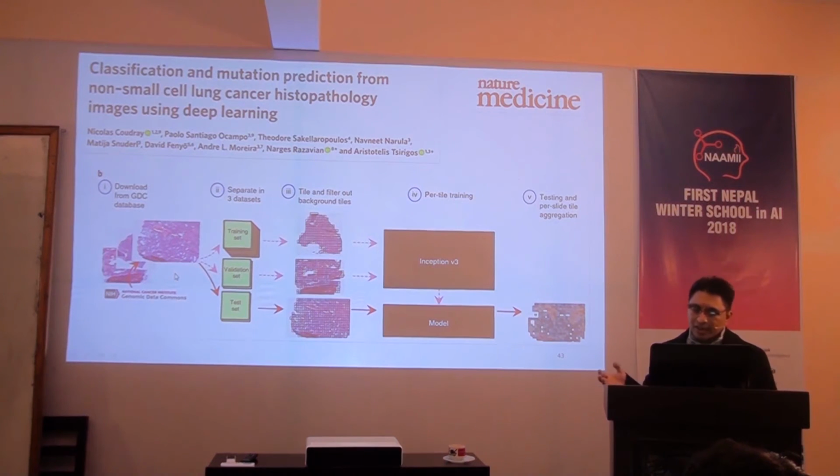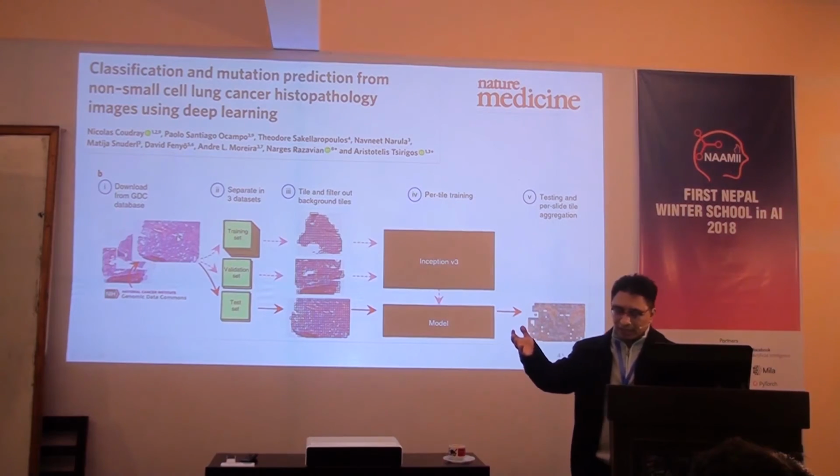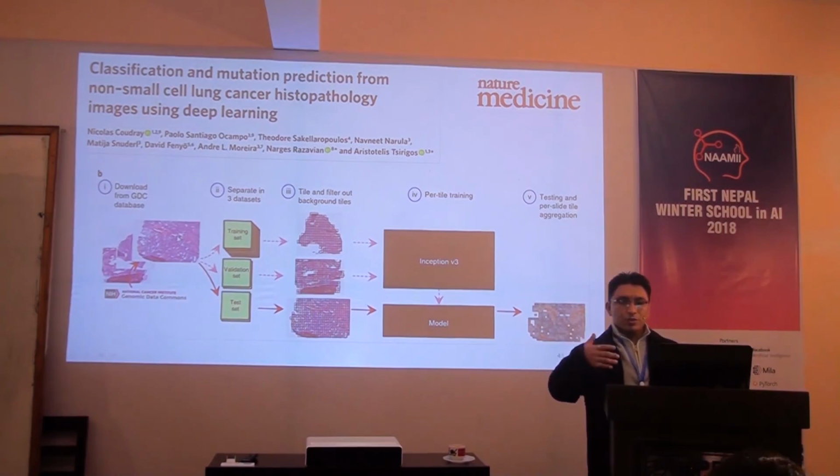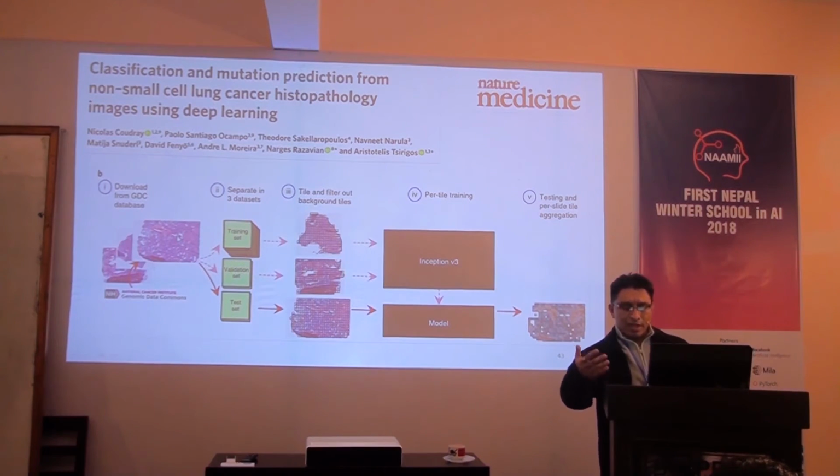Here they are looking at lung cancer tissues. There are two different major types of lung cancer, and that's what they are trying to distinguish.